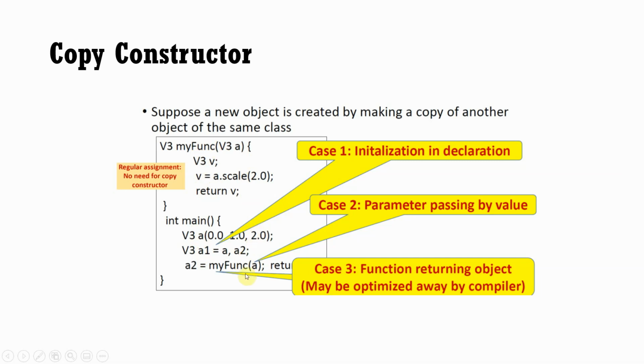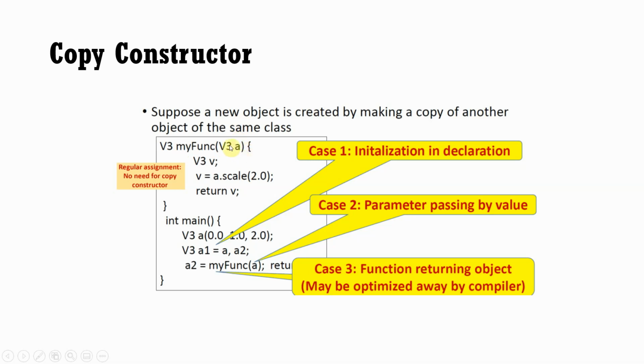So for the first a itself to be built, the non-default constructor was called. But how about this a? This a, which is the local parameter of this function, is also calling a constructor, because each object to be instantiated needs to call a constructor. Now, which constructor is going to be called for this a?